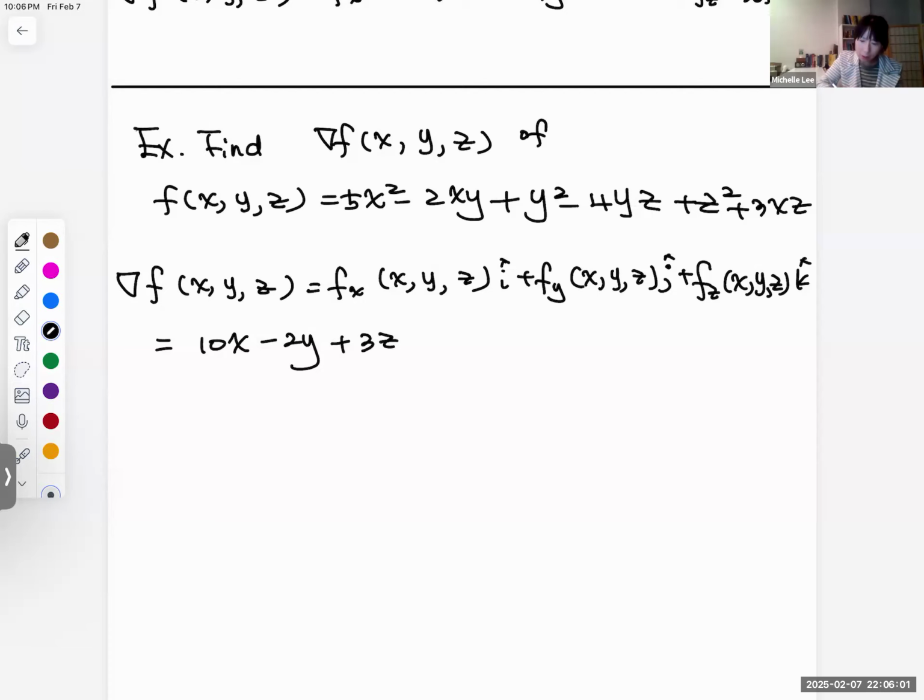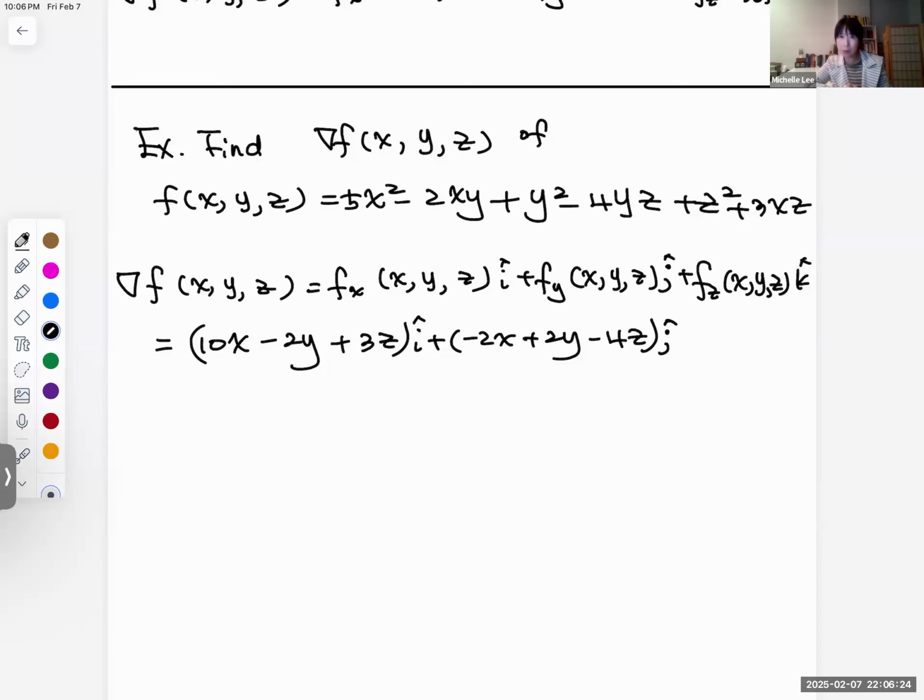Okay. Now the partial derivative with respect to y is negative 2x plus 2y minus 4z, j hat.